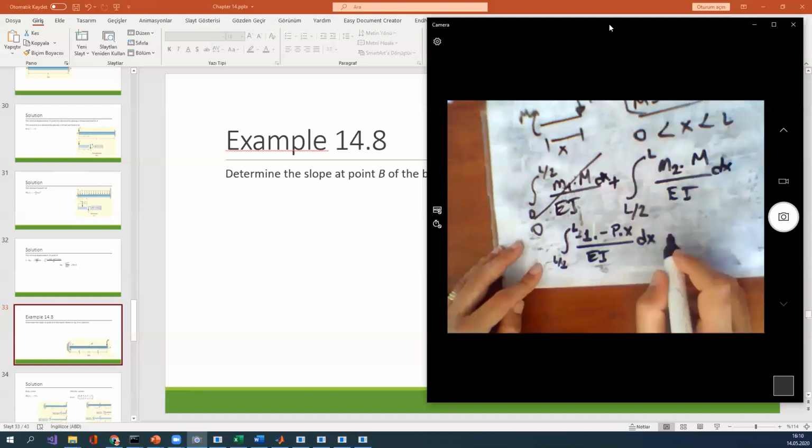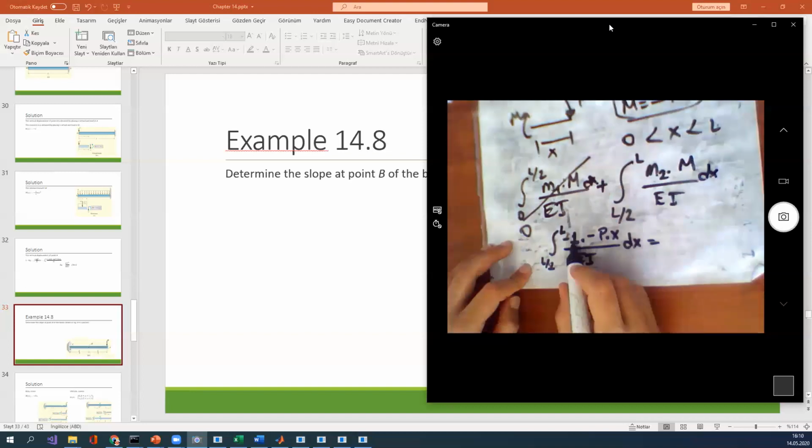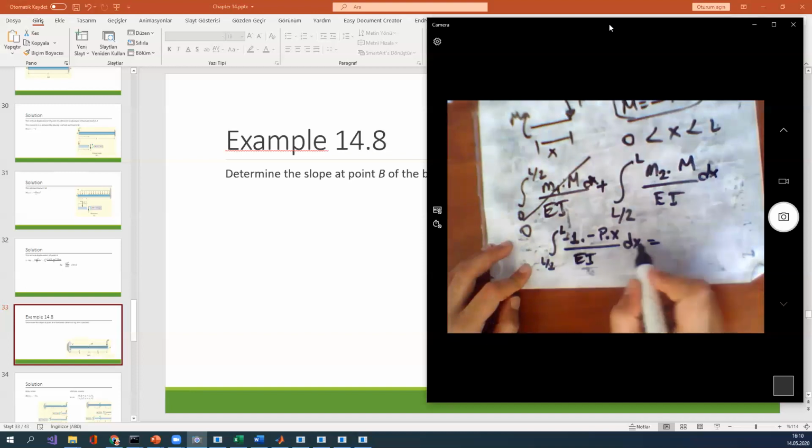Then you can see, P is constant, minus times minus is positive, so just x squared over 2.